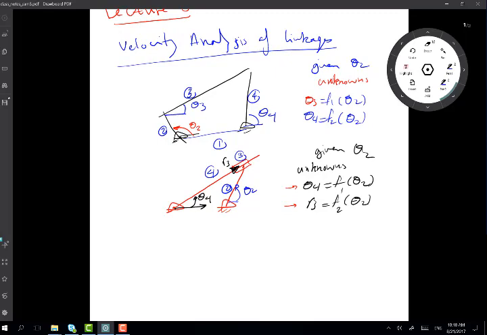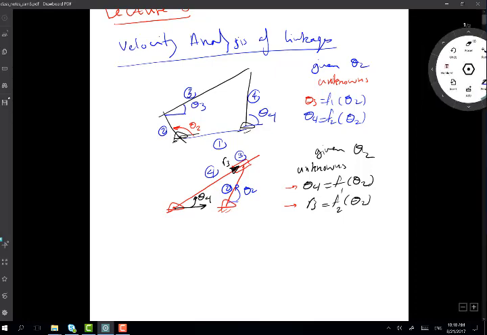Now, the velocity analysis, so this is in relation to position analysis, right? In relation to the velocity analysis, what I'm trying to find is actually the derivatives of these unknowns.